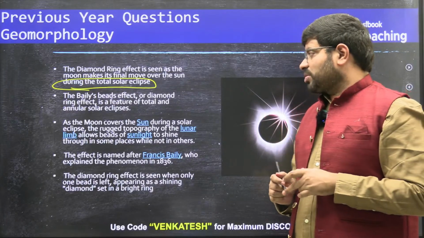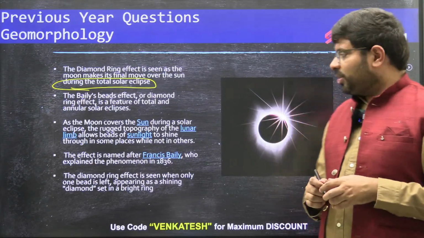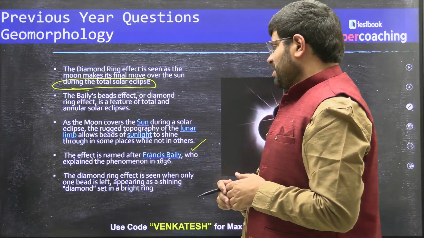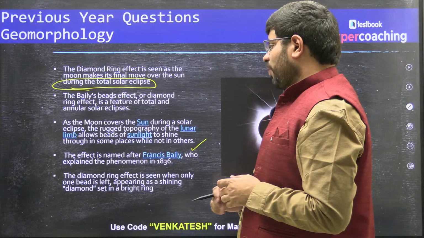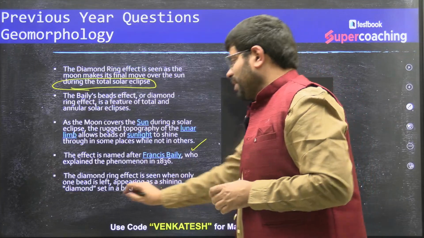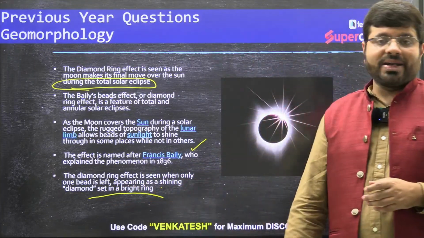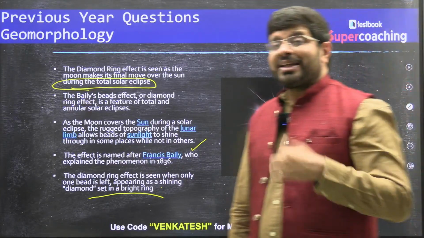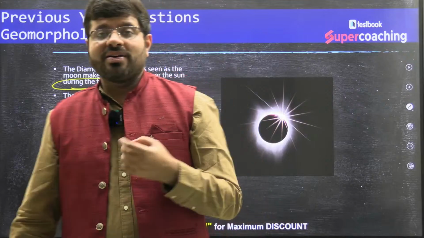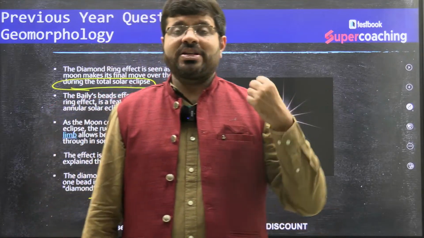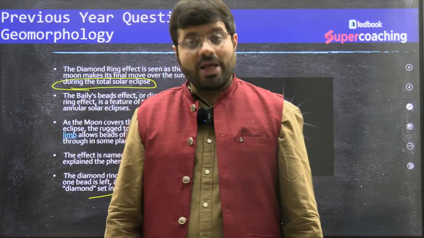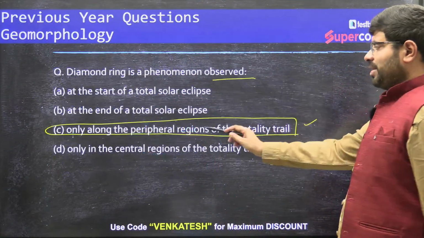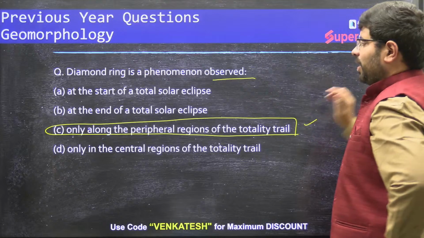That is what is called as diamond ring, and this effect is named after Francis Baily. And this diamond ring effect is seen when only one bead is left, appearing as a shining diamond set in a bright ring. So it is a spectacle of our universe. So this is observed during the solar eclipse at around the peripheral edges of the totality trail.